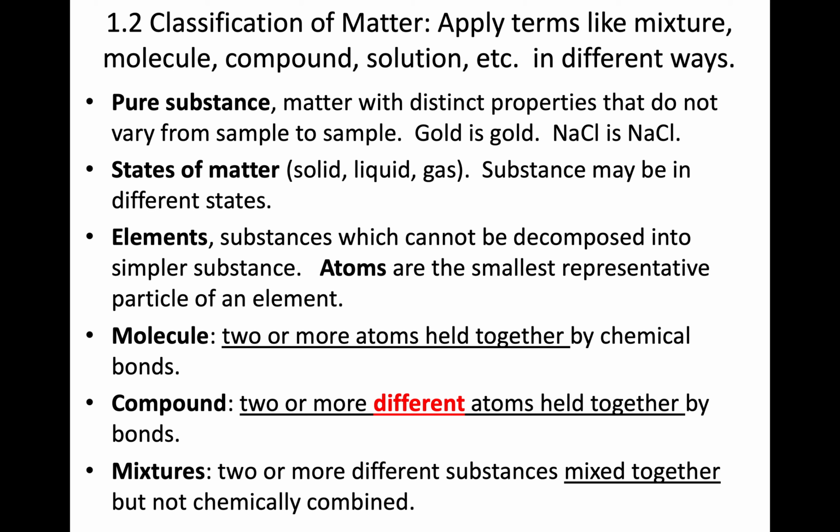They're tightly held together. A compound would be two or more different atoms that are held together by bonds. So let's make sure that we know the distinction between a molecule and a compound. A mixture would be two or more different substances that are just mixed together. They're not chemically combined. So they might be in the same container, they might be distributed within that, but they're not held together by chemical bonds.